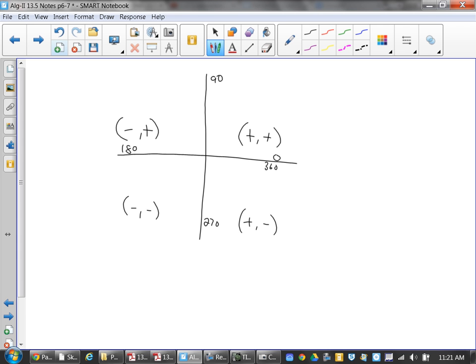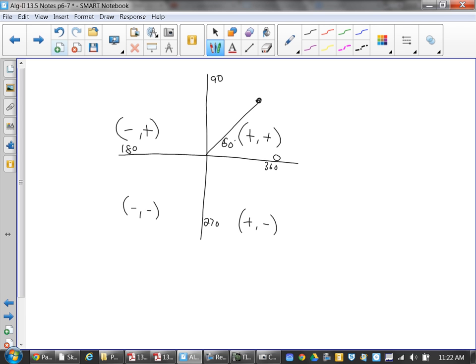Okay. Now what I want you to do is tell me what is the sine value of 60 degrees. What's the sine value of 60? You should know this off the top of your head. You have a calculator if you can't do it in your head.